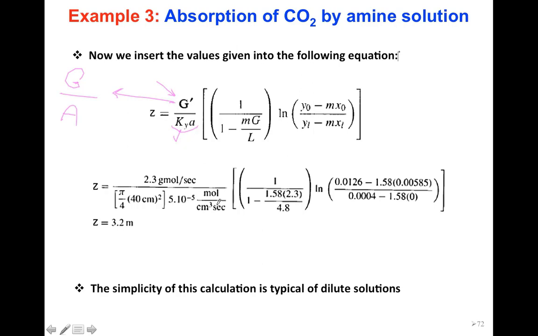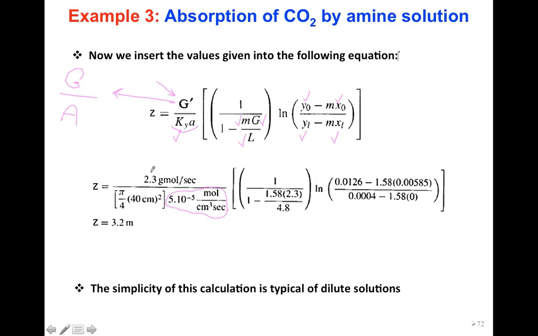These two together are given to you as the volumetric mass transfer coefficient, and we just found it. G we know, L we know. Y0, X0, Y1, X1 are all known. So we just need to put them in this equation.